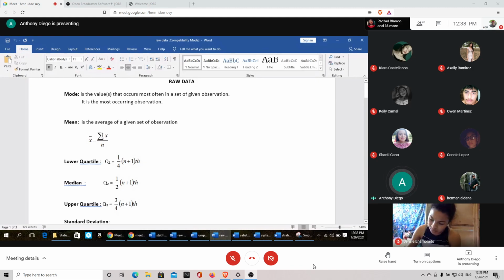That means the summation of X, where X are the observations. So like the example I showed you, there were 11 observations. So you need to have added all of those 11 and divided by the number of observations, N. In that case, it was 11. We're going to be looking at that example shortly.